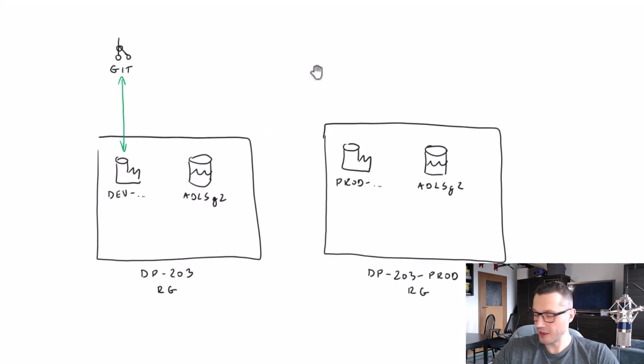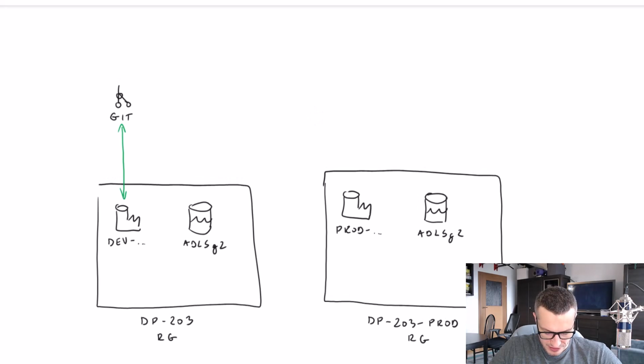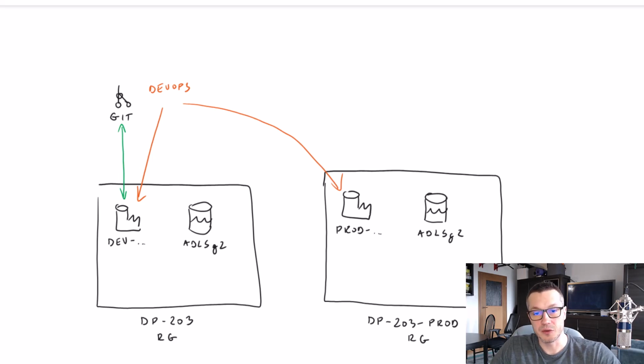So if we take a look at our diagram, it's like this. So we've got to have this service connection configured that will be used by DevOps to connect to this data factory on dev, and then to this data factory on prod, just to deploy various objects in Data Factory.